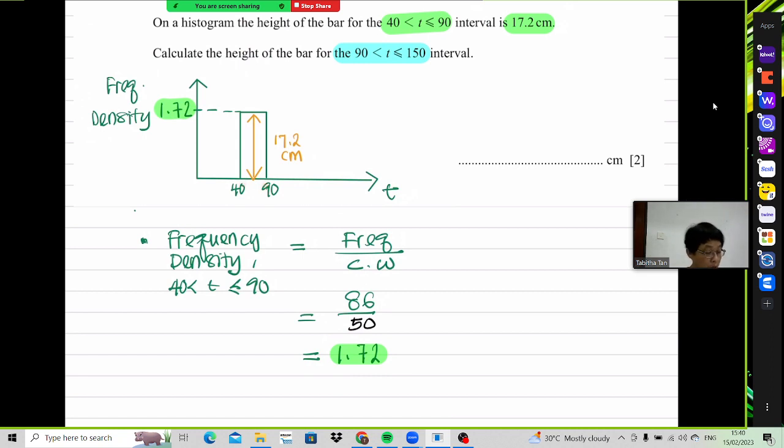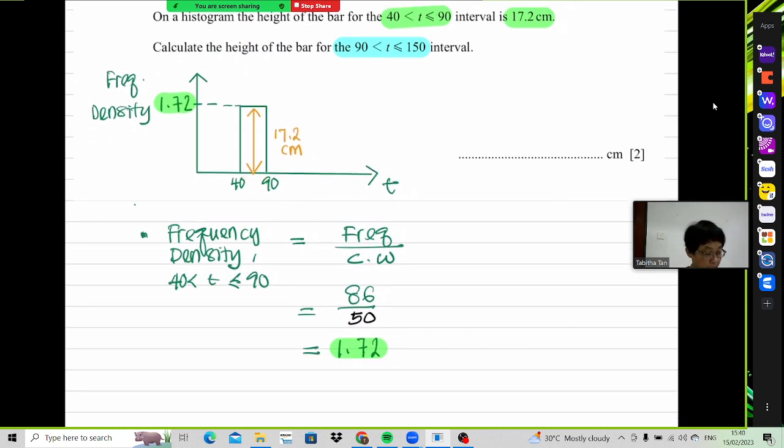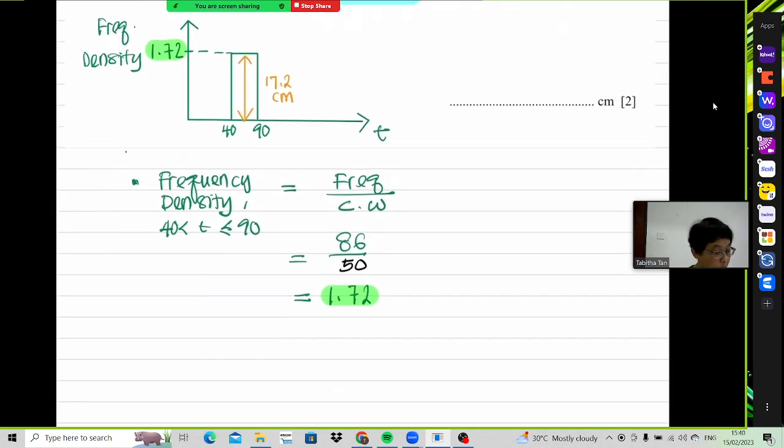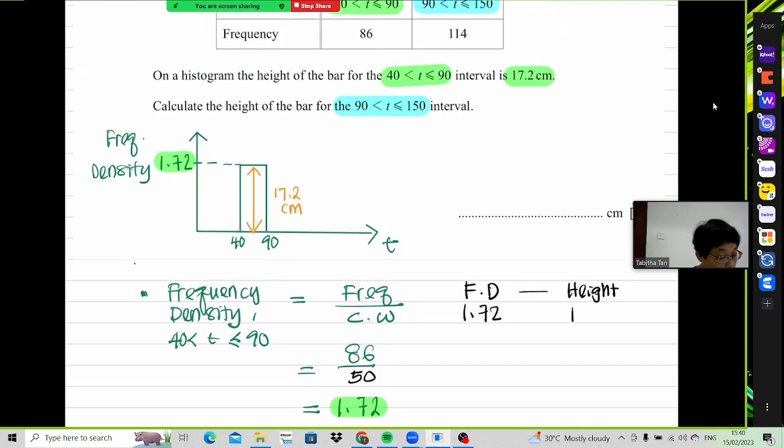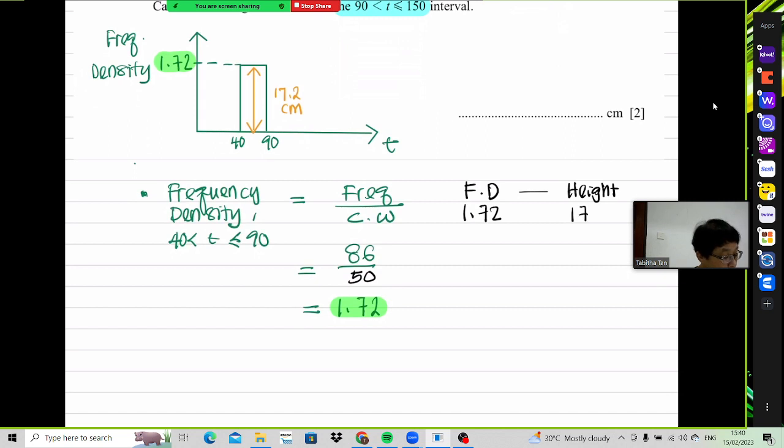So now you manage to relate that a frequency density of 1.72 units is represented by a height of 17.2 centimeter.